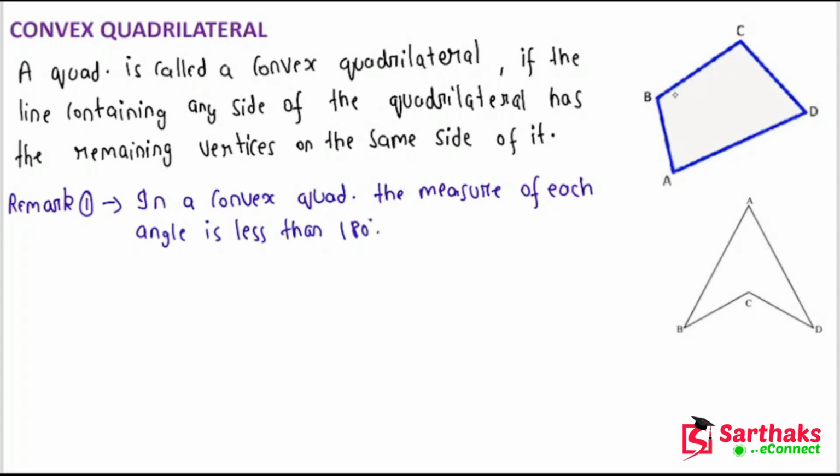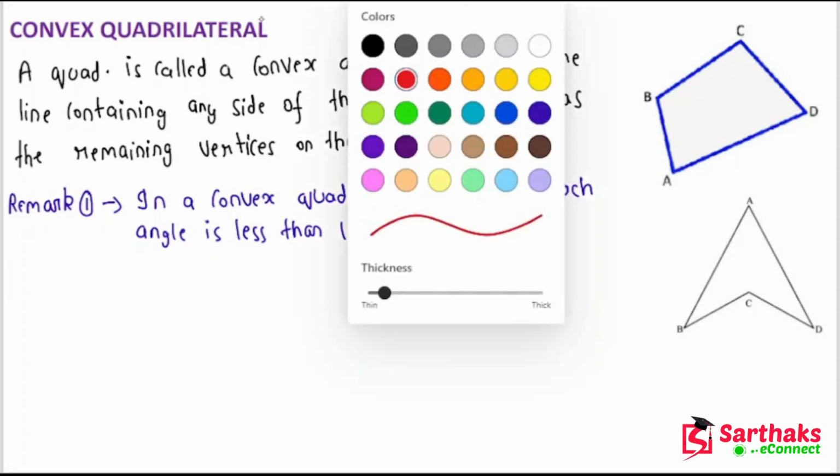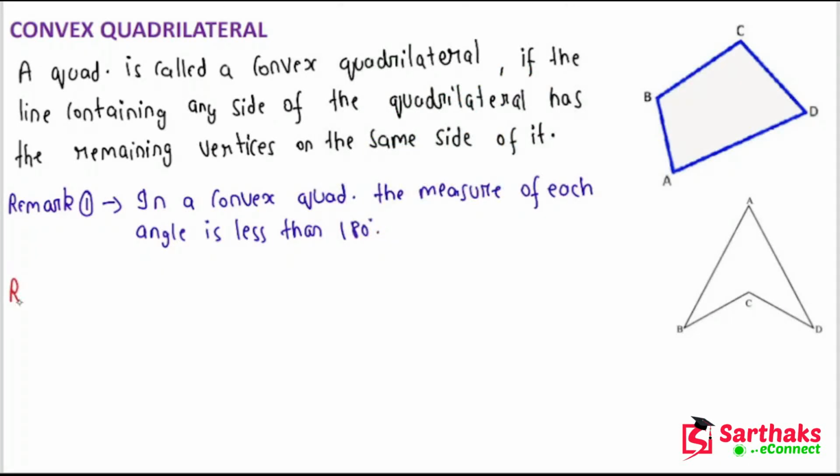You can clearly see all those four angles are less than 180 degrees, right? But in this case, this angle C is greater than 180 degrees, so it is concave, and this quadrilateral is convex. Okay, you can also have one more way of identifying it.